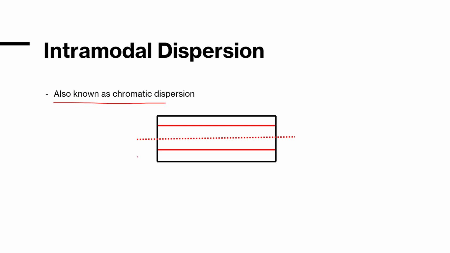Different wavelengths have different speeds inside the core, so they arrive at different times at the output side. Due to that, broadening of the light pulse happens, and this is known as intramodal dispersion.